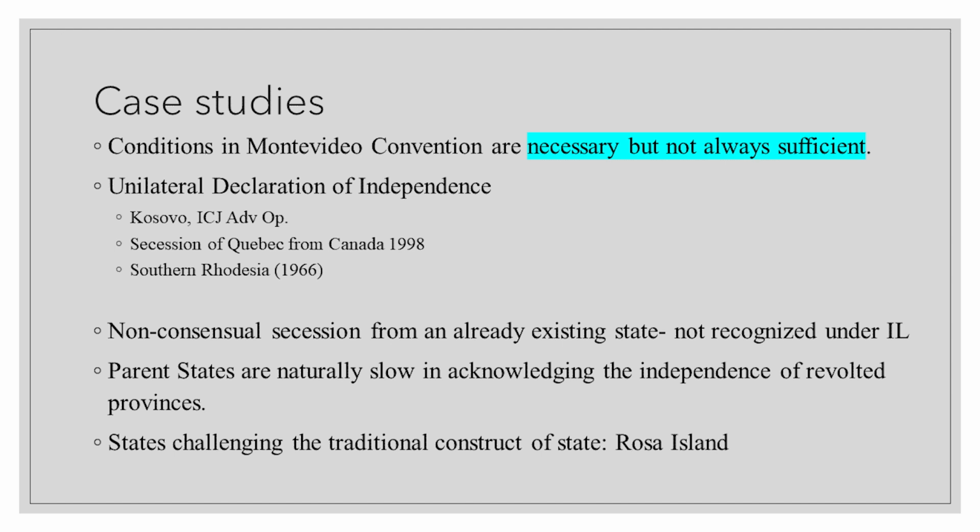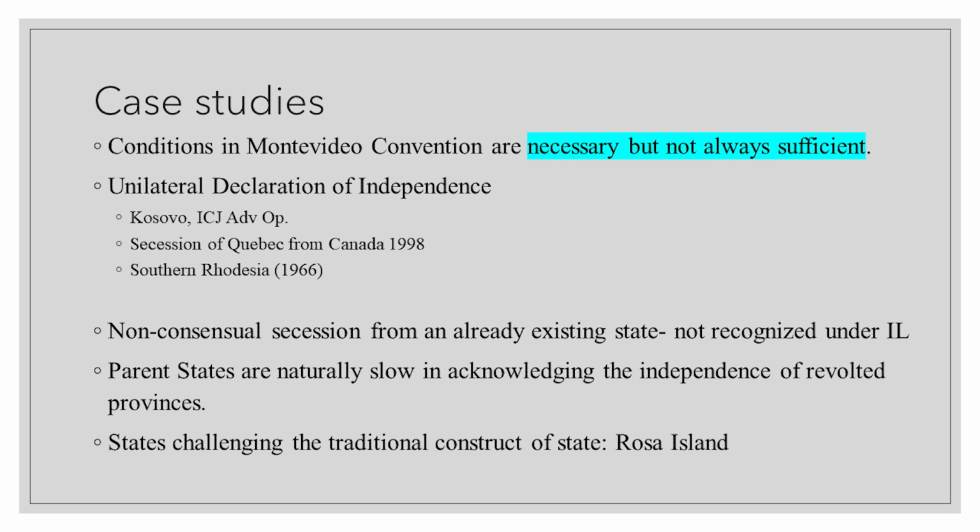Second example is the secession of Quebec from Canada in the year 1998, where Quebec unilaterally declared itself to be independent and separate from Canada. Third example is Southern Rhodesia, which declared itself to be independent, and it did so unilaterally in the year 1966.